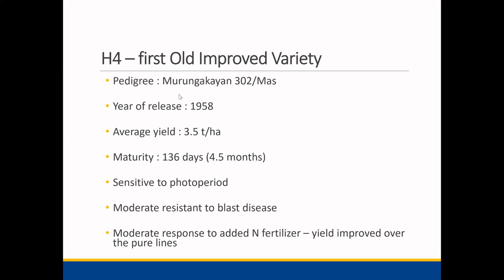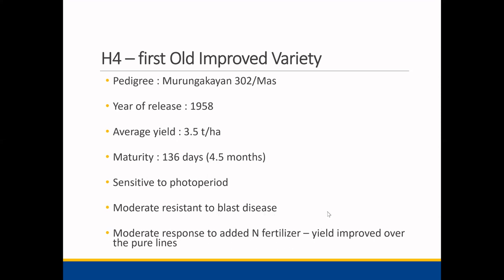So that's why I said they started working somewhere in the 1950s. The average yield was 3.5 tons per hectare, and maturity was around 136 days, around 4.5 months. It was still sensitive to photoperiod. But it had moderate resistance to blast disease and a moderate response to added nitrogen fertilizers.